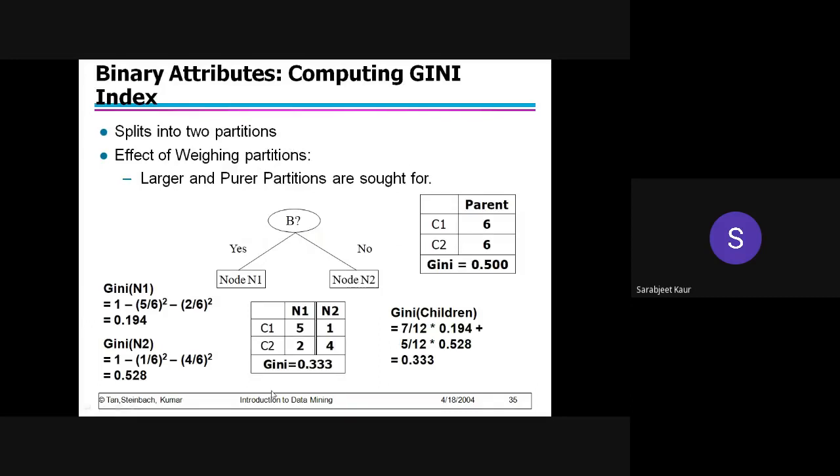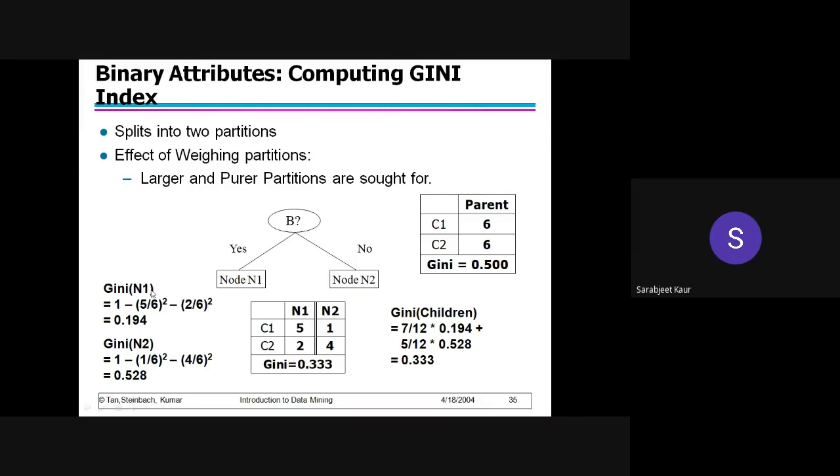You can look at this example here. Let us make the discussion concrete with it. This is my parent node. How many tuples are there? 12. Now B is split into two nodes, and the class distributions in N1 are 5 and 2 respectively, and in N2 are 1 and 4 respectively. So we compute the Gini first for N1.